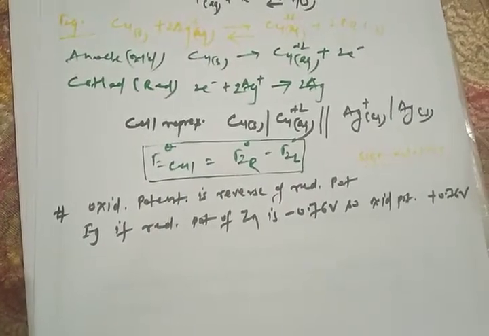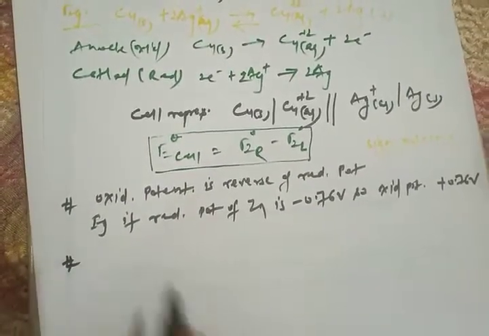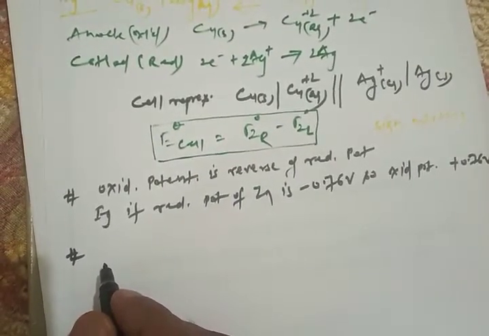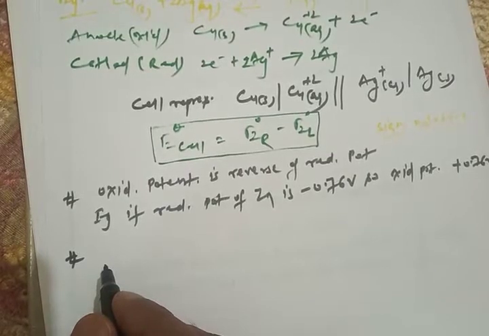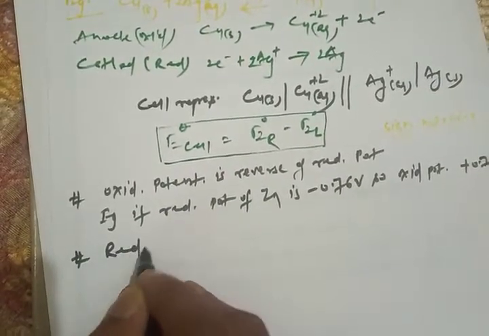Then the second one is again very important. Reduction will occur at the electrode having higher reduction potential.